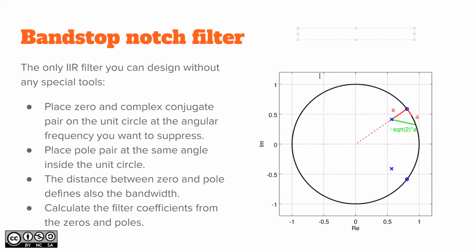So when we are calculating the H of e to the j omega, it's just e to the power of j times omega, with Euler's theorem.